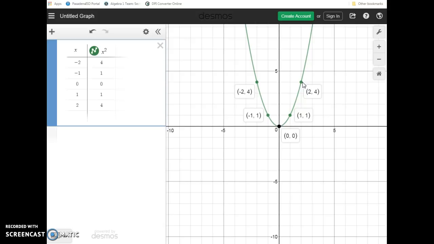Say it again. -2, 4, -1, 1, 0, 0, 1, 1, 2, 4. And if you notice on the table, these start repeating. 4, 4, 1, 1, and then the one that's in the middle is the vertex, the one that doesn't repeat.